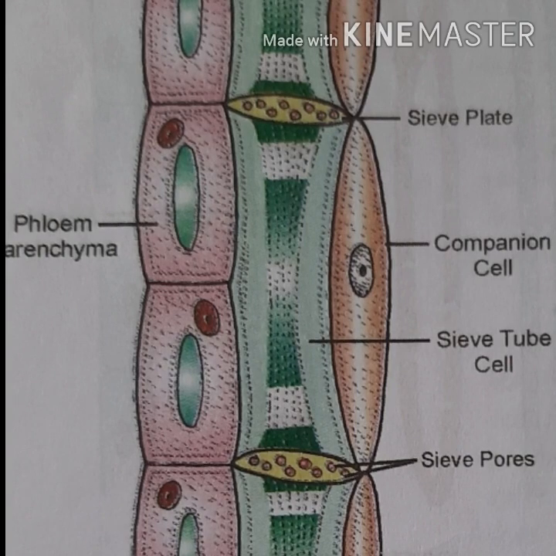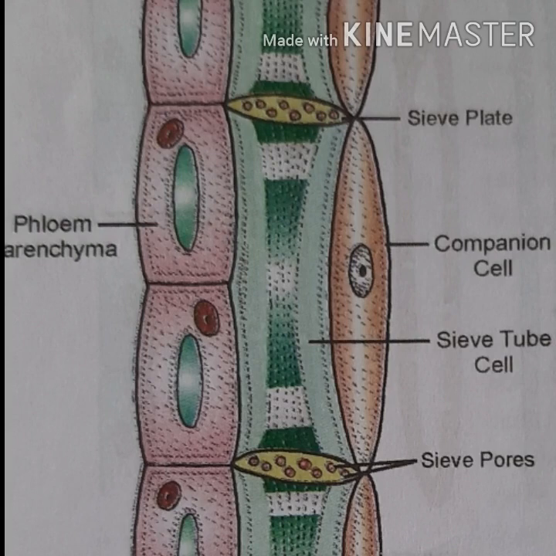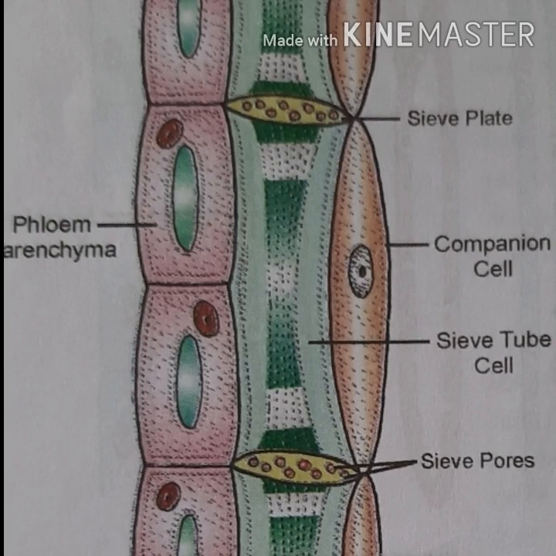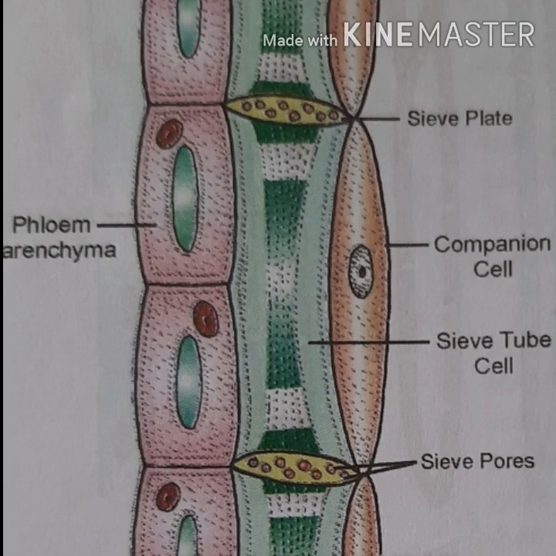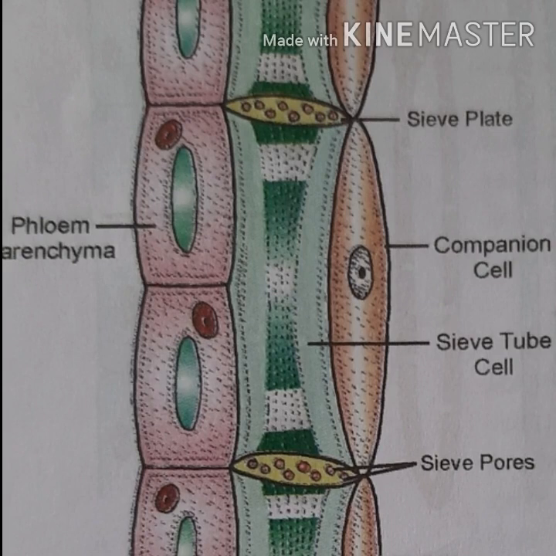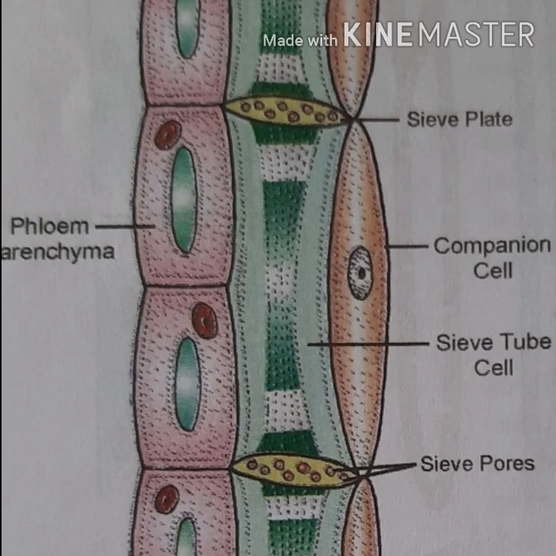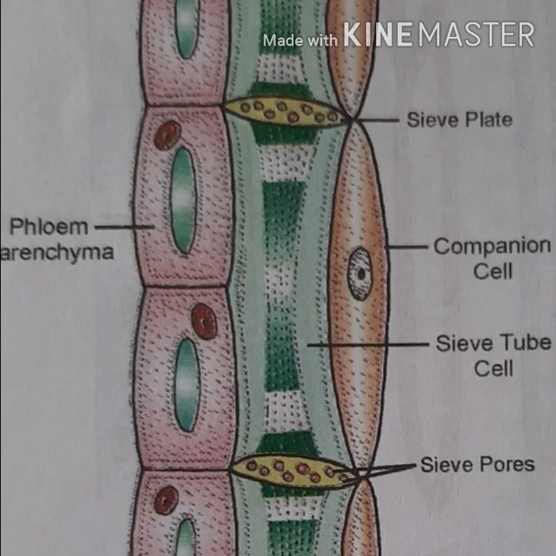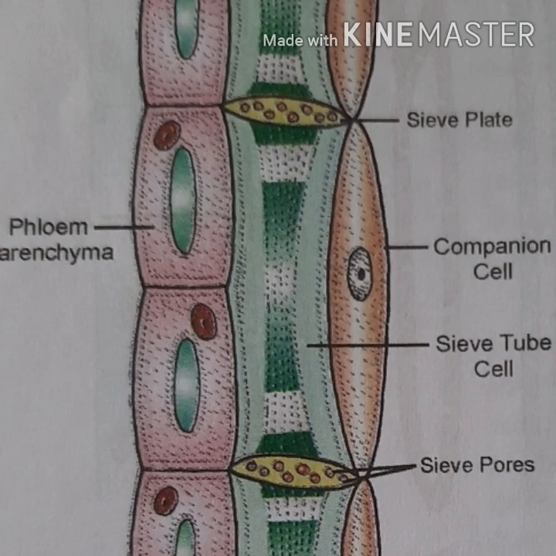First, sieve tubes. They are elongated tubular living conducting channels of phloem. A sieve tube is formed of a large number of thin-walled sieve tube cells placed end to end in a linear row. The transverse end walls between adjacent sieve tube cells are perforated. They are called sieve plates.